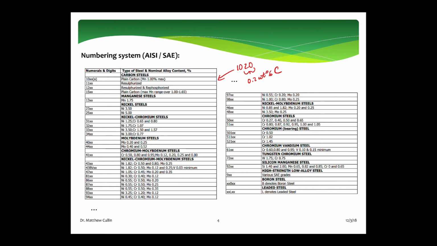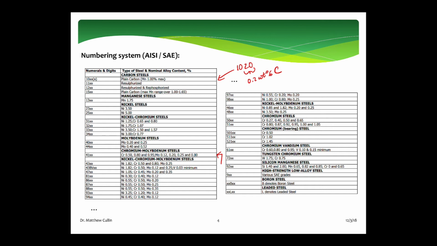So if we're talking about, let's say, a 4140, that would be down here. We'd say, okay, 41, it's going to have chrome and moly in it, in addition to iron and carbon. And a 4140 is going to have 0.4 weight percent carbon. 43 series are going to be nickel chromoly alloys. And you can see there's a whole bunch of different grades that exist.